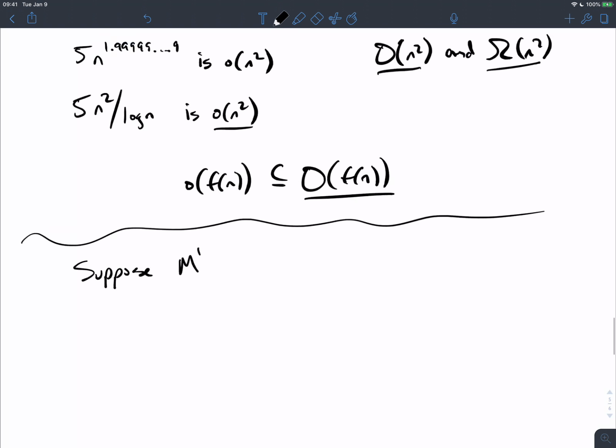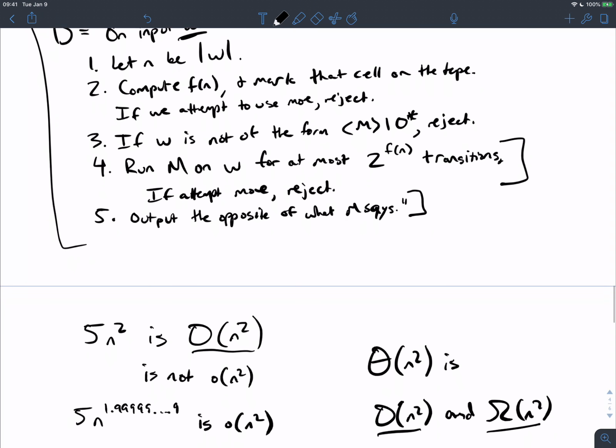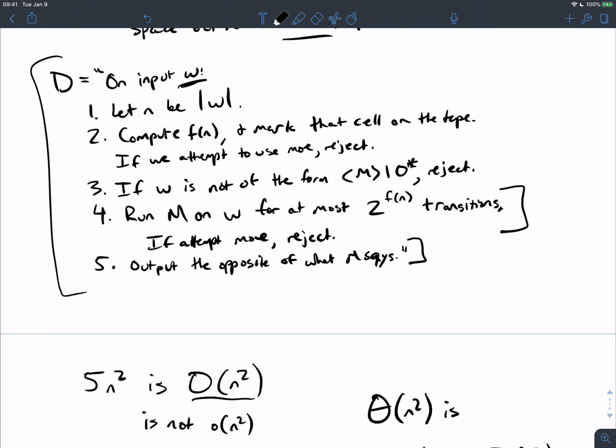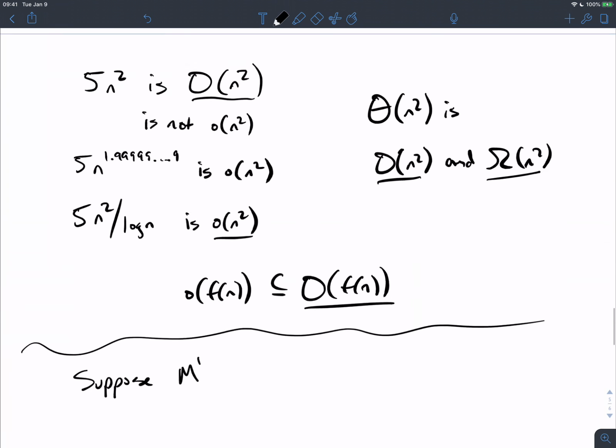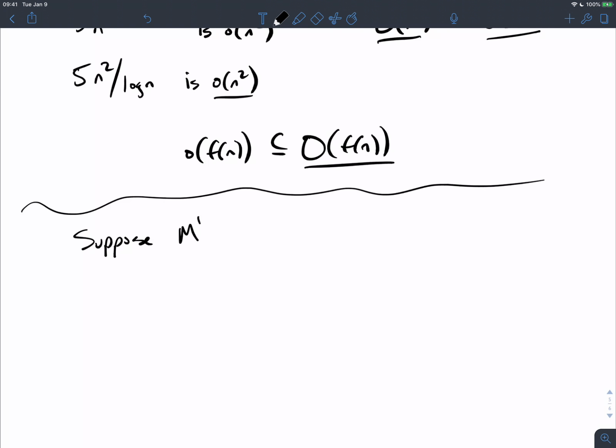We used some constant times f of n space here because we marked off f of n space, and then maybe we need some more to handle the checking and whatnot, so let's just say a constant times f of n space. Let's suppose that some machine M prime actually does use less than f of n space.